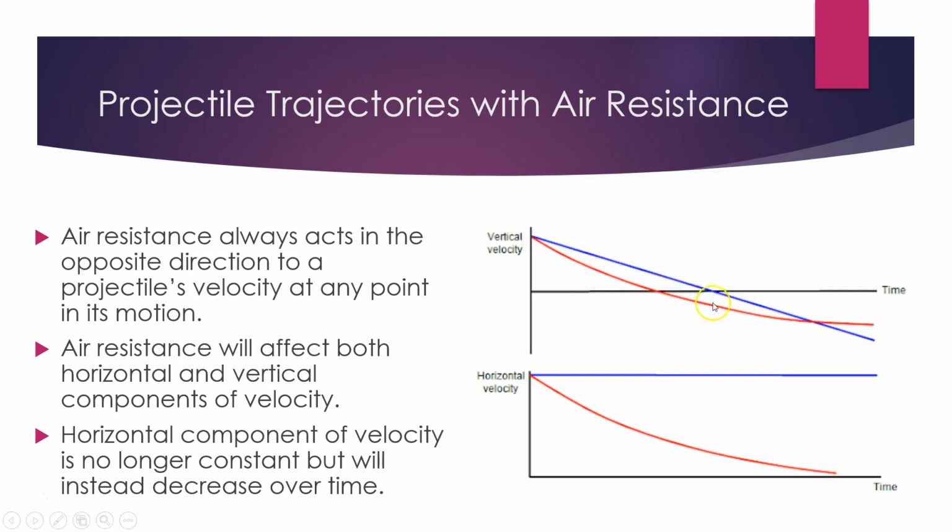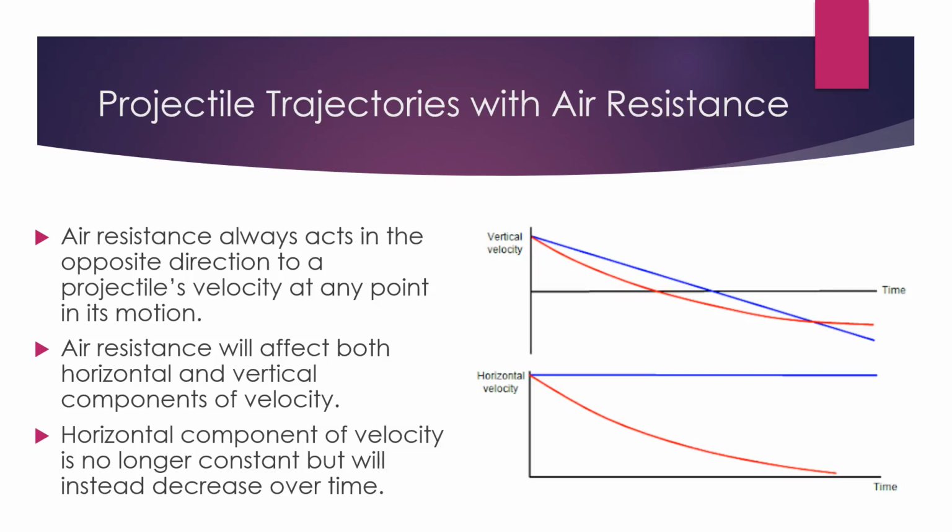With air resistance is represented in red here. And we can see that the overall effect is on the way up, the vertical velocity decreases faster. And that's because on the way up, the vertical velocity component will be in the upwards direction, which means the air resistance will act downwards on it. So basically, you've now got two downwards forces acting on the projectile on the way up.